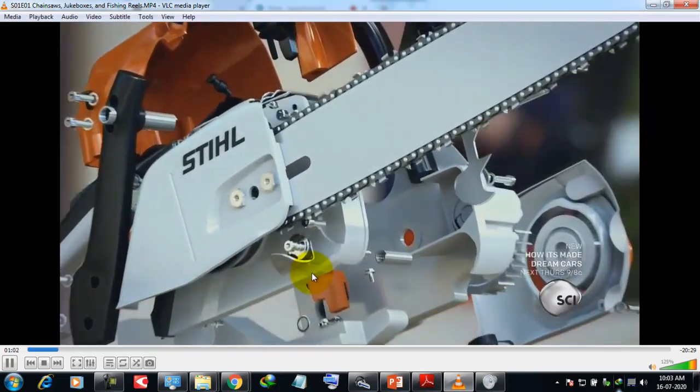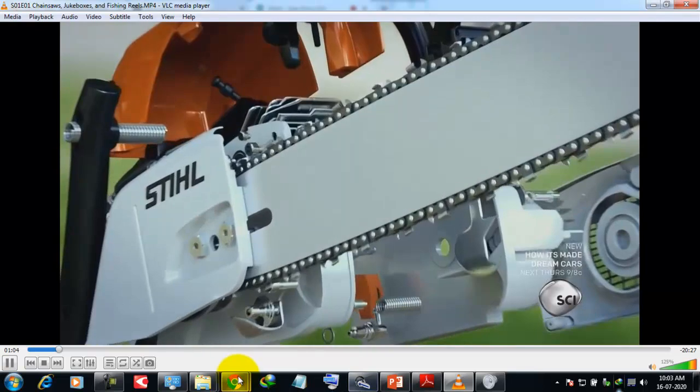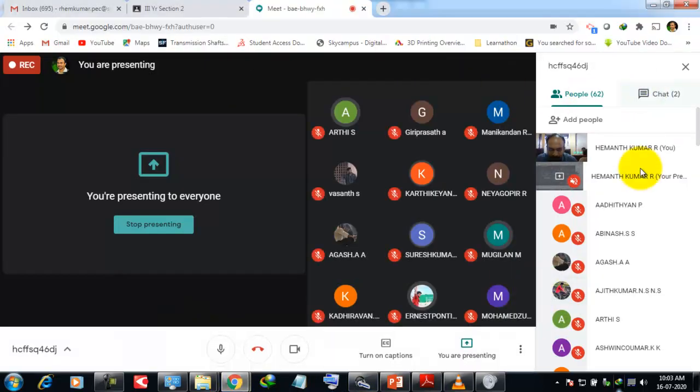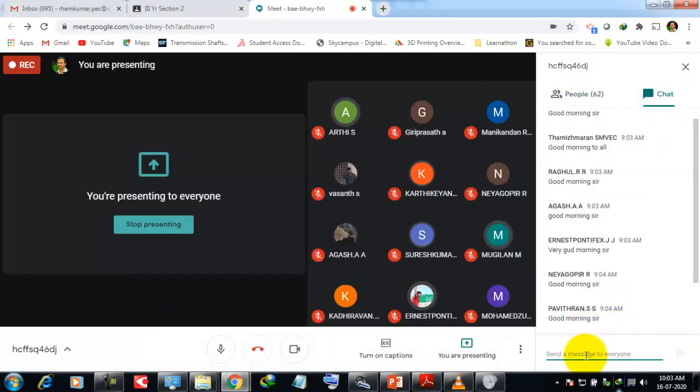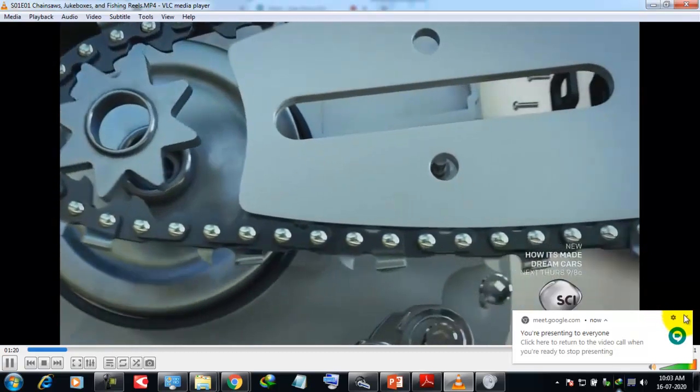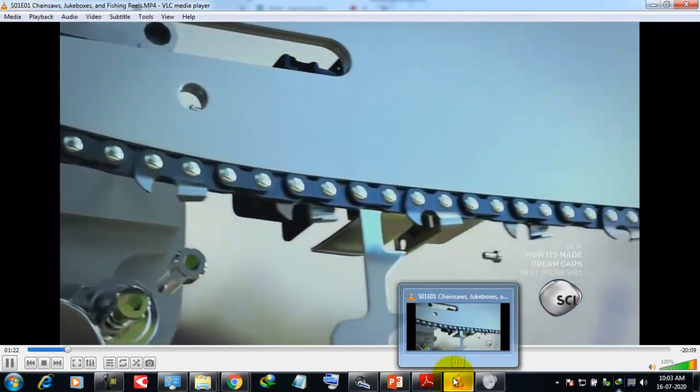Hundreds of moving parts work together. A lightweight piston drives a toughened crankshaft. This powers a 3-row chain that runs at a colossal 70 miles an hour.